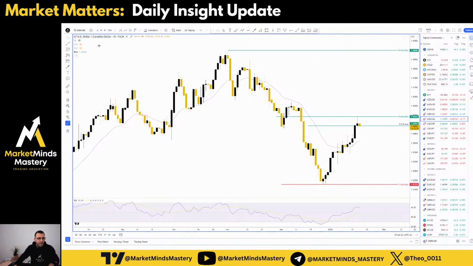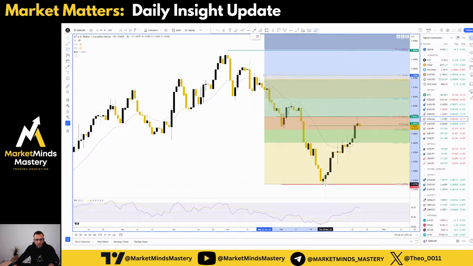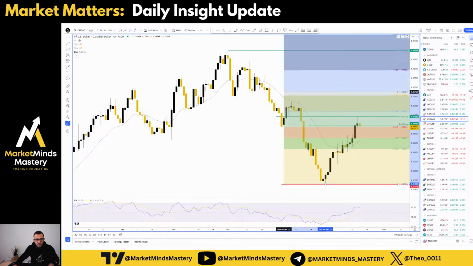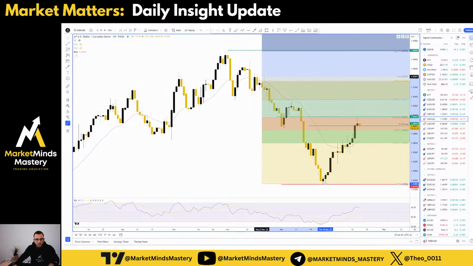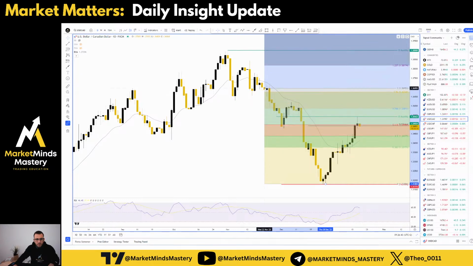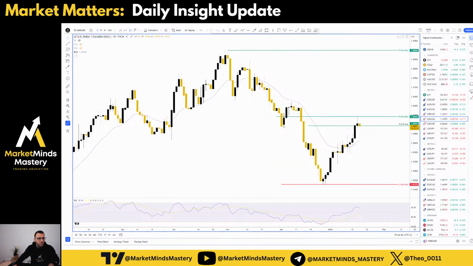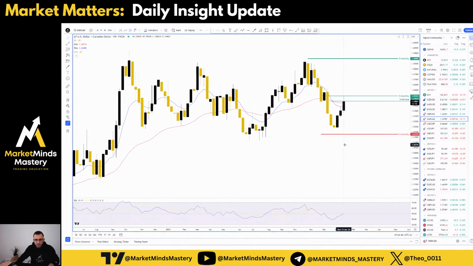Also, I took the levels from here to there, 61 point. I think that's because I did it on the weekly chart. Let me double check again. It was from here to there, from here. I took it from the weekly chart, so let's check it out.